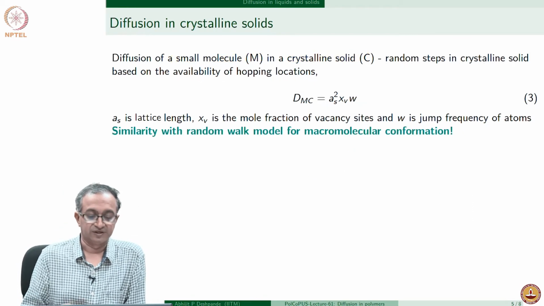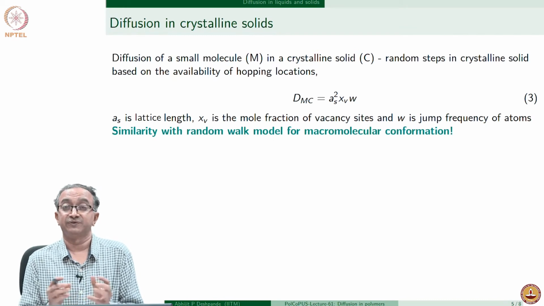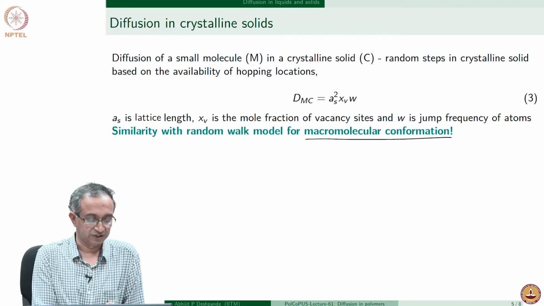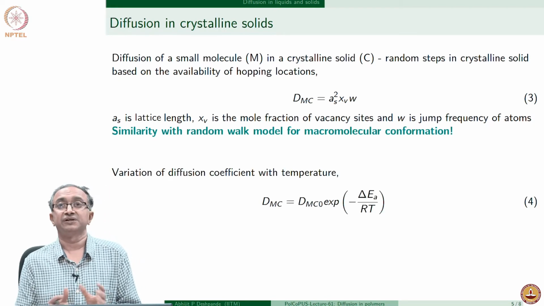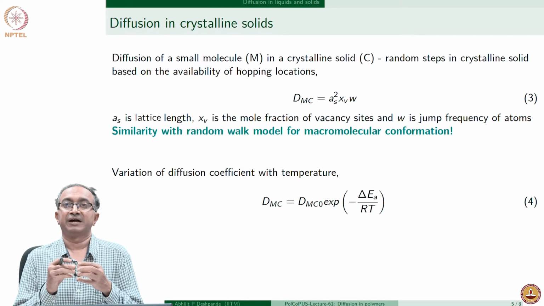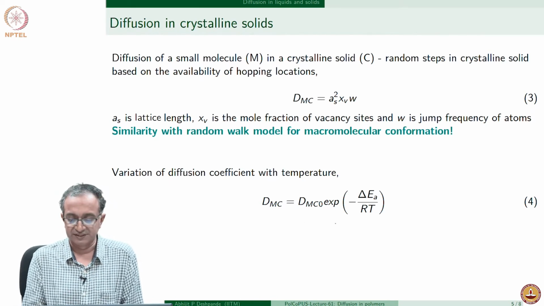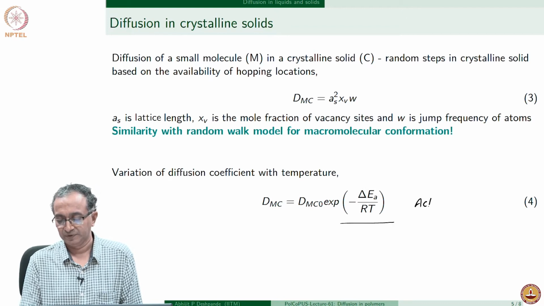So this random walk for a diffusing species is very similar to the macromolecular conformation case that we saw earlier. Based on this description, there is a barrier energy associated with this hopping, and because of that this is an activated process.